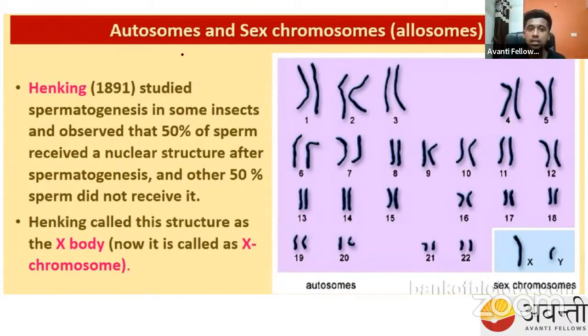Similarly, we have many types of sex determination: environmental based, autosome based, sex chromosome based, and so on. But in today's session, we will talk about autosome and chromosome number as well as sex chromosome based sex determination. Overall, we are talking about chromosomal based sex determination.